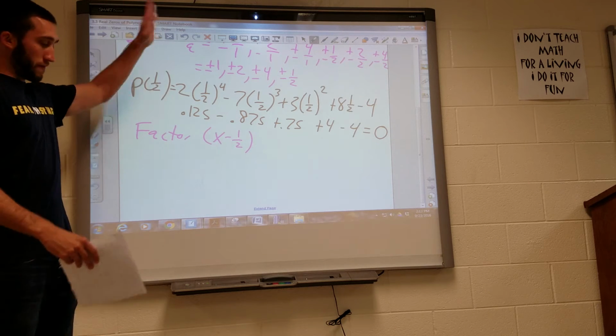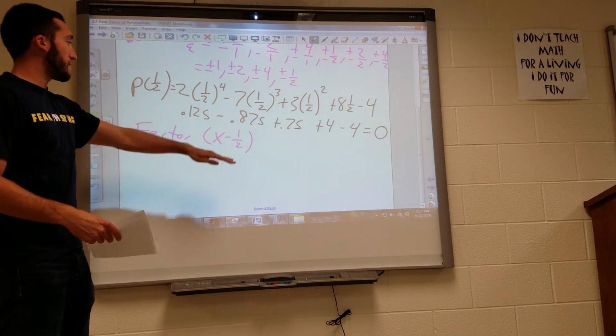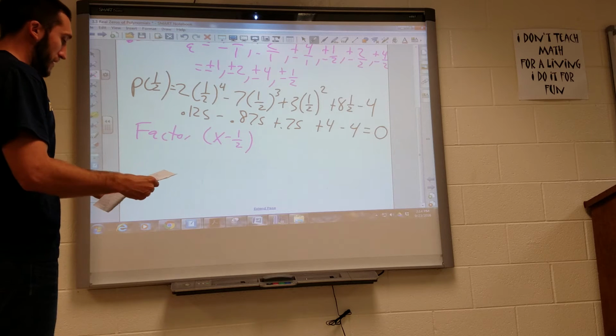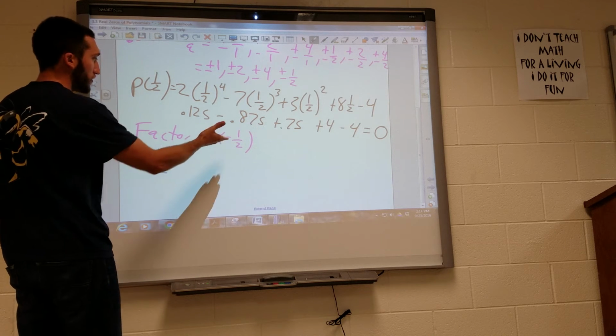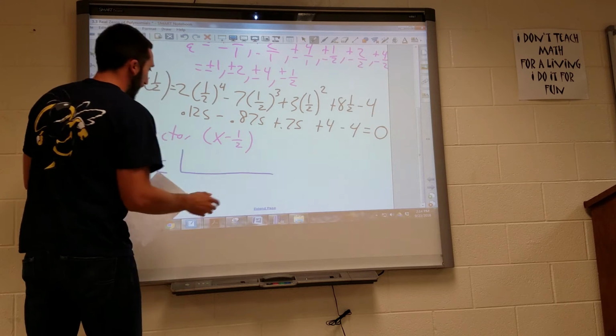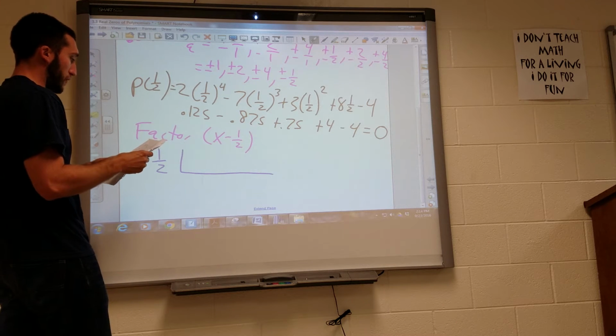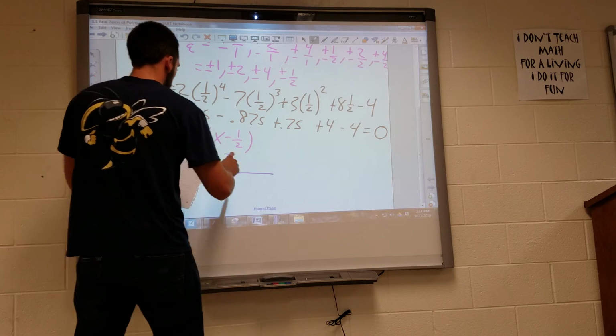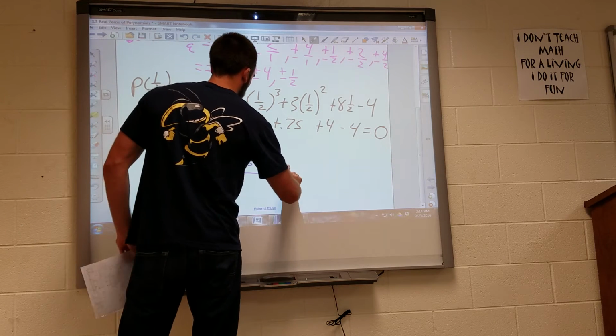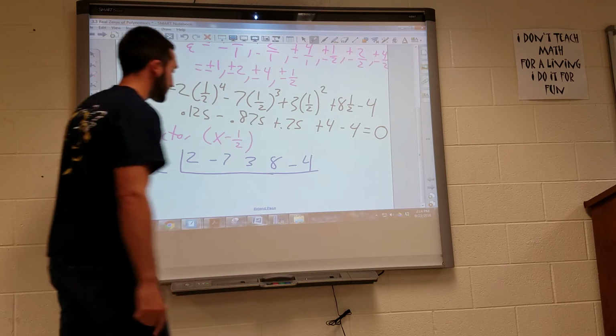So I'm really taking my 4th degree polynomial and dividing it by x minus 1/2, and that gives me 1/2 on the outside. I just put the coefficients of my 4th degree polynomial in there. So 2, negative 7, 3, 8, negative 4.